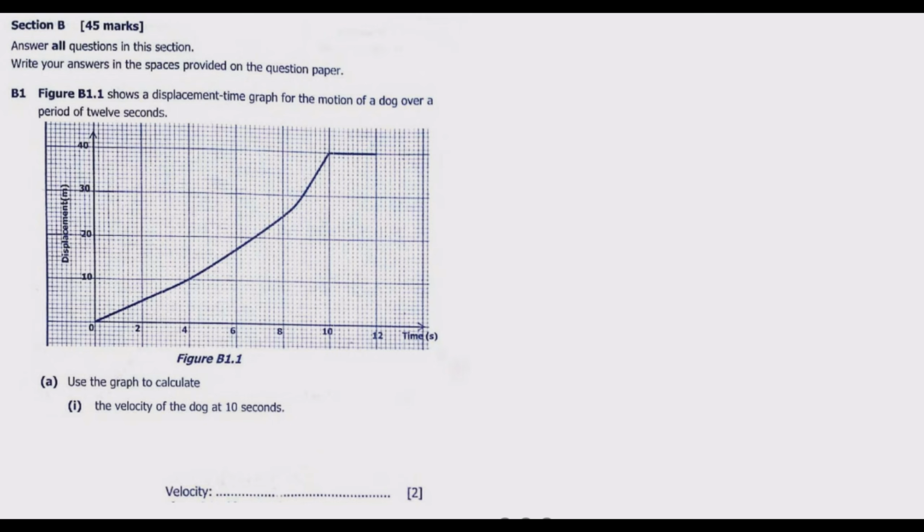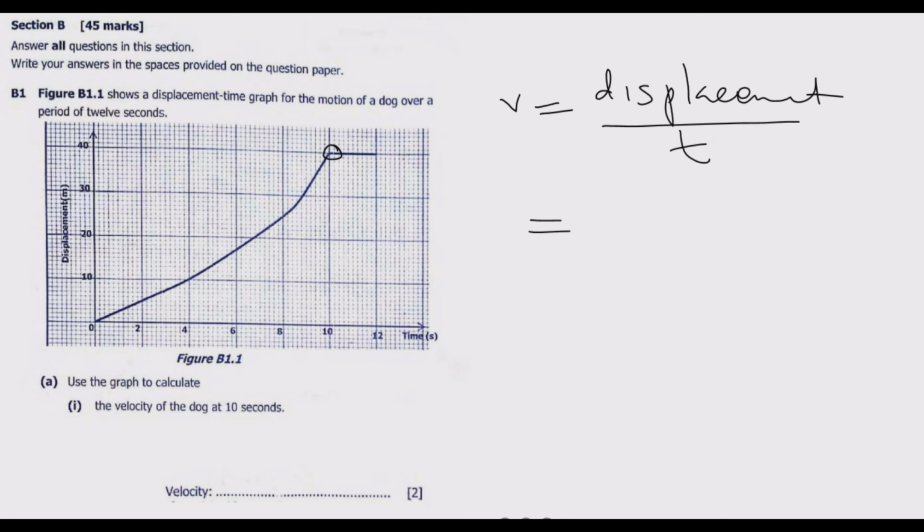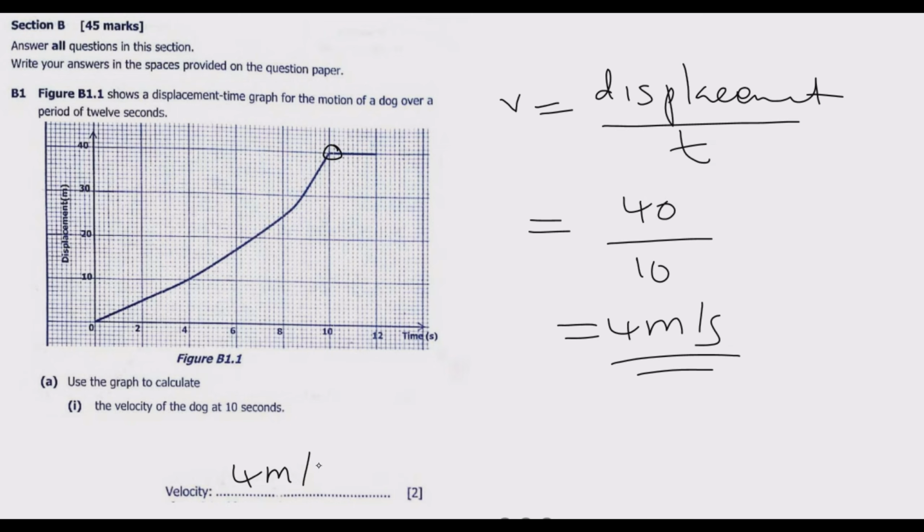Velocity is given by displacement over time. At 10 seconds the displacement is 40. So 40 meters divided by the time, which is 10 seconds, we end up with 4 meters per second. So 4 meters per second is the velocity at time 10 seconds.